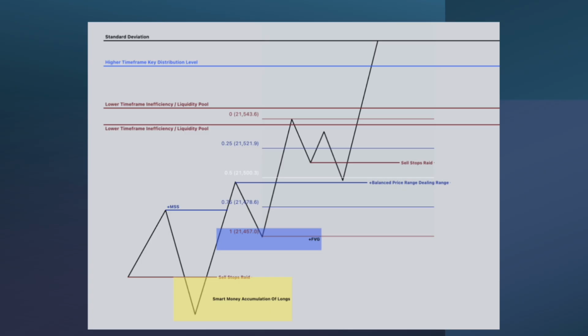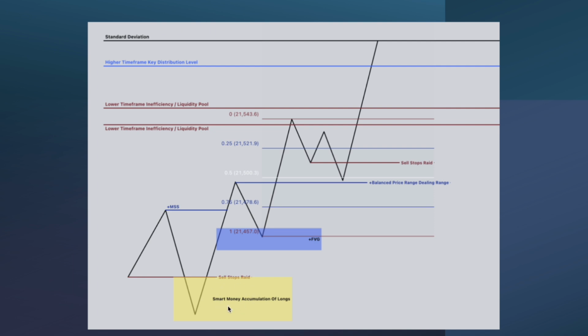And right here, we have a clear depiction that I'm going to pull up more times inside of this lesson. What we have here is the market going up, the market going lower, below a means of a sell stop, or this is a place where the retail traders will have their stop losses.